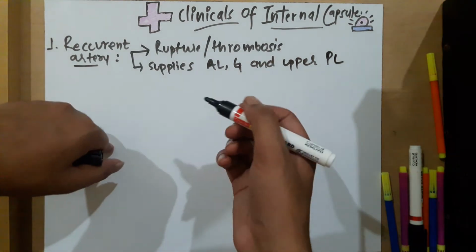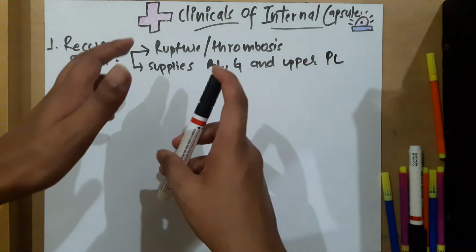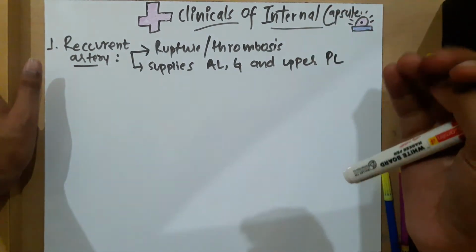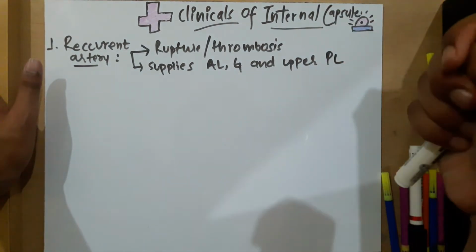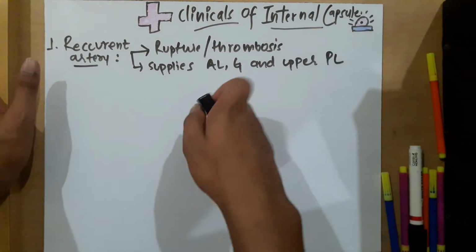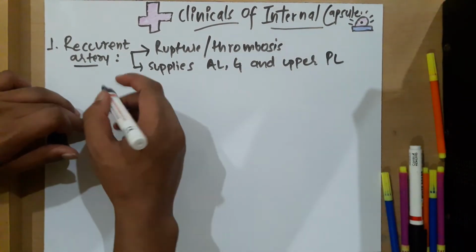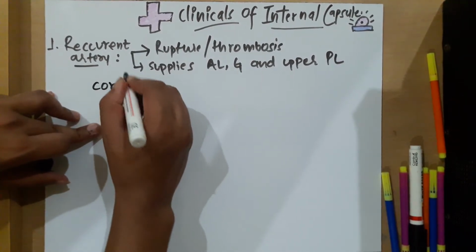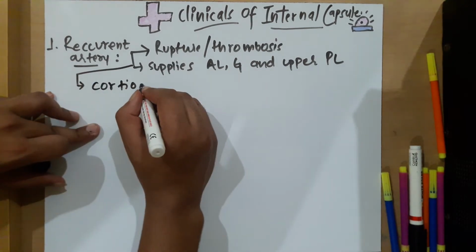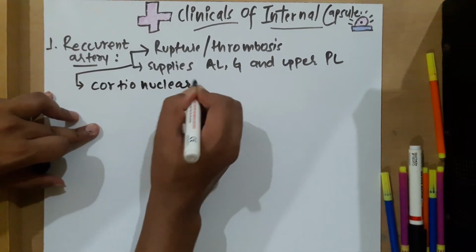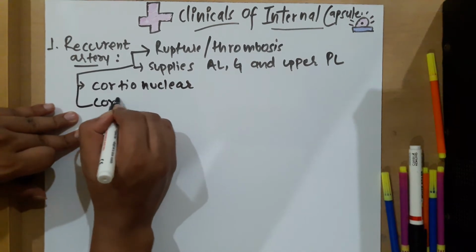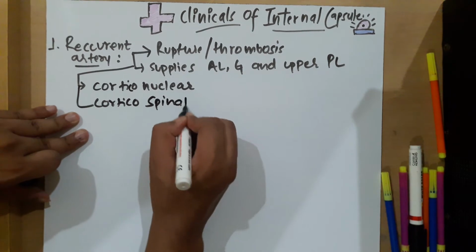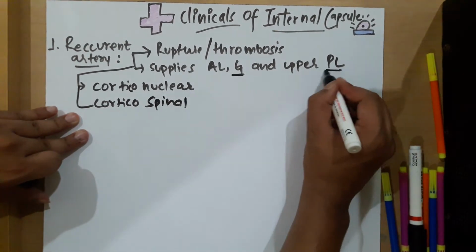The major fibers present in these parts are the corticonuclear and corticospinal fibers. Yes or no? Corticonuclear in the genu and corticospinal in the upper part of the posterior limb.